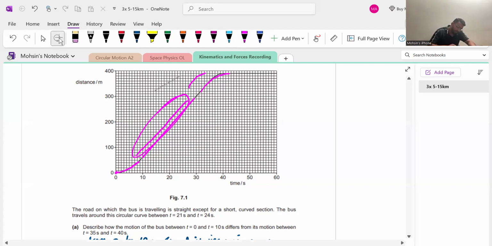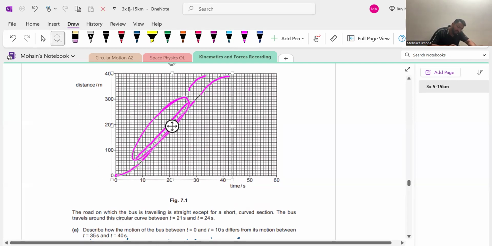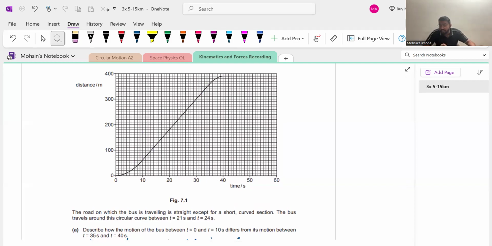So if we find the gradient of this straight line, we will get the speed, and this speed is the maximum speed in this region because after this, the speed is going to decrease. So I'm picking 2 points here. One point is this, and let's pick some other point. Let's say this is the point that I'm picking right now.